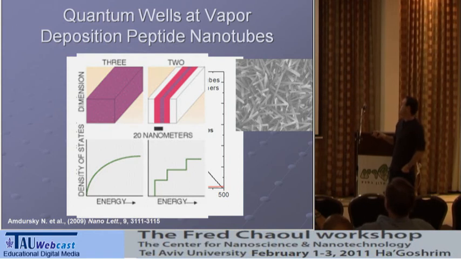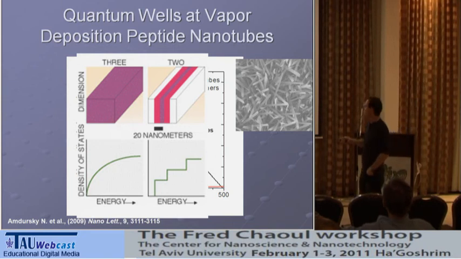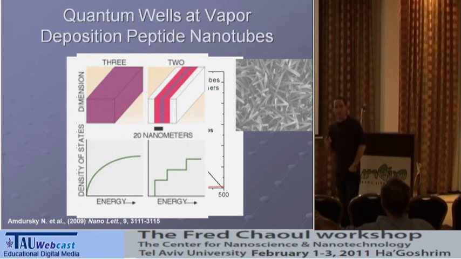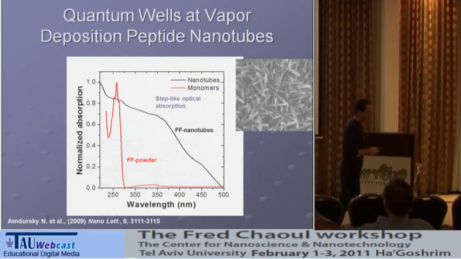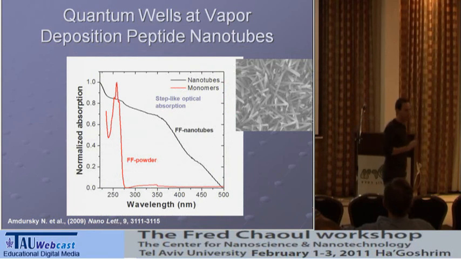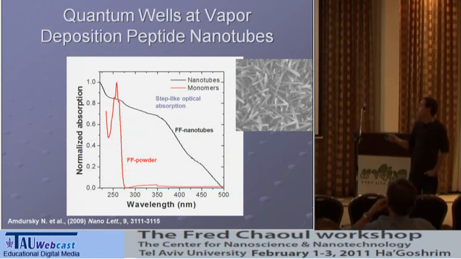We know this is the density of states of a bulk, density of states meaning the statistical probability of the electron to be at a certain energy. When we confine it in one dimension, meaning the electron can move in 2D, the density of states is step-like, and the optical absorption should behave exactly like the density of states of the material. And indeed, we see a step-like optical absorption.